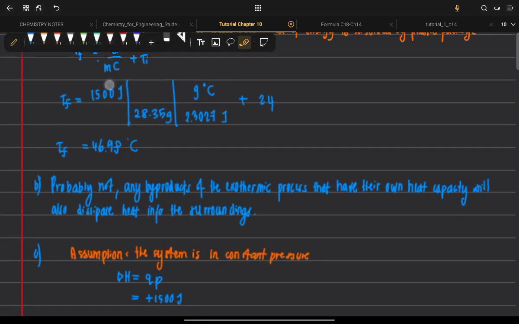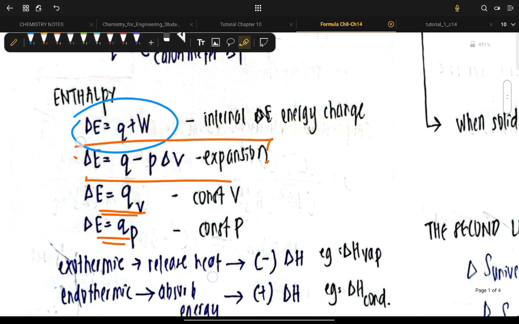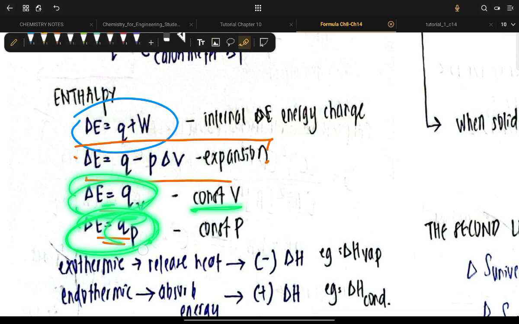So here I assume the system is at constant pressure. At constant pressure, enthalpy change equals QP.